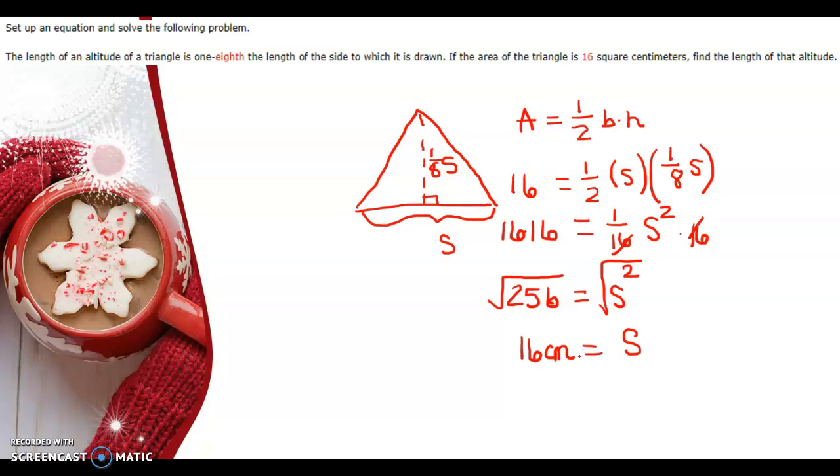So that makes this 16. That means the altitude, which is what this question is asking for, is going to be 1/8 of that. So 1/8 times 16 would mean that altitude is 2 centimeters.